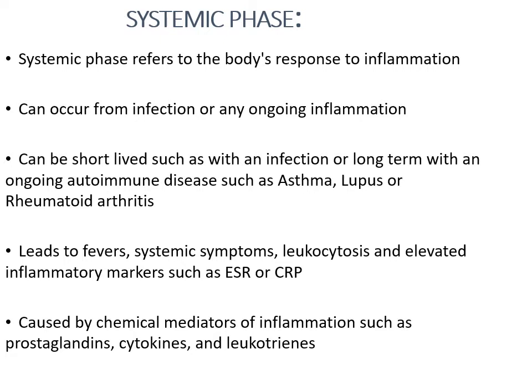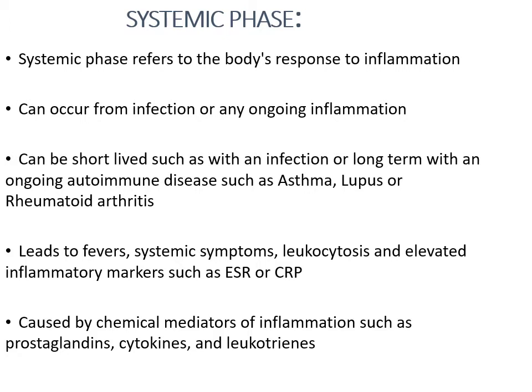Leukocytosis is elevated white blood cell count. So whether in inflammation or in infection, you can have an elevated white blood cell count. Plus, you get inflammatory markers that are increased in the bloodstream. And there's one called ESR, so erythrocyte sedimentation rate, or CRP, which is C-reactive protein.